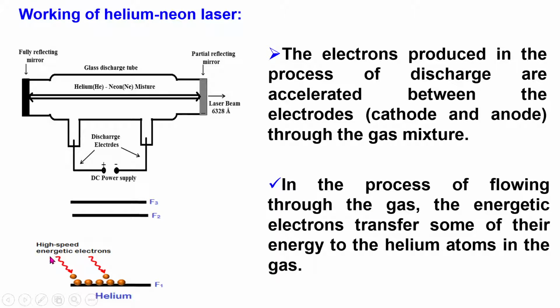So now see here, these are the high speed energetic electrons we can see in this figure. When these high speed energetic electrons collide with the helium atoms, they transfer some part of their energy to the helium atoms which are in the ground state level or the lower energy state level.